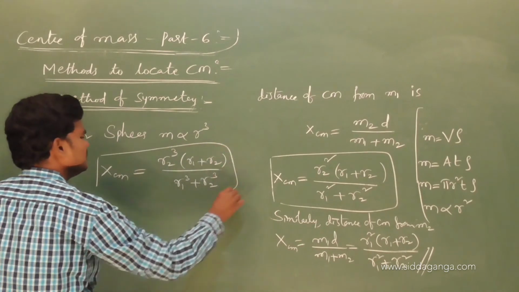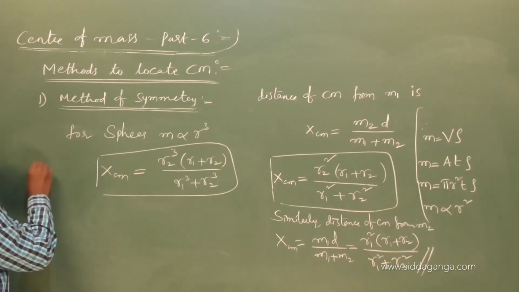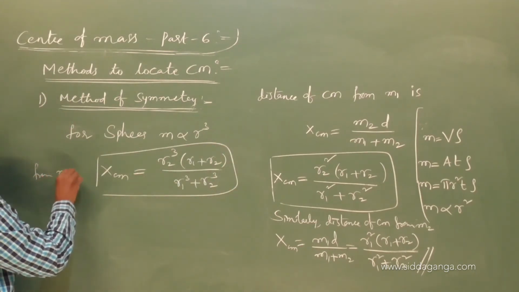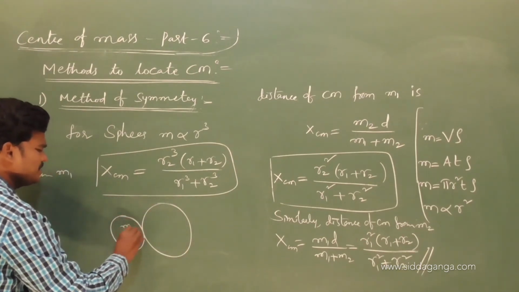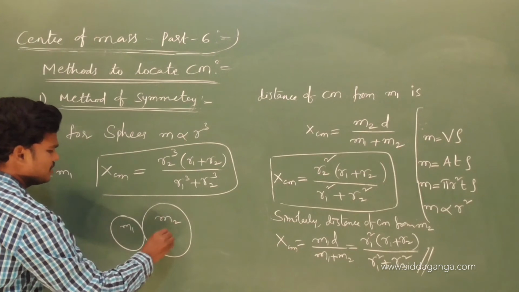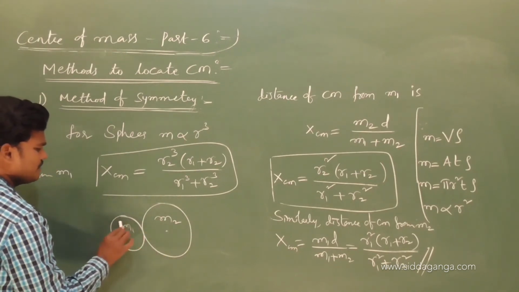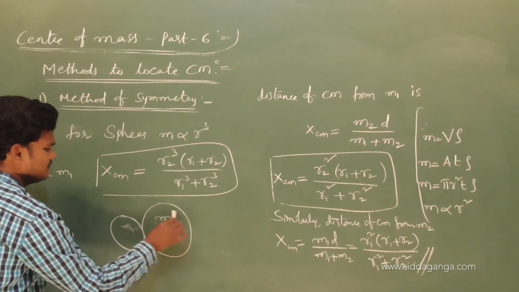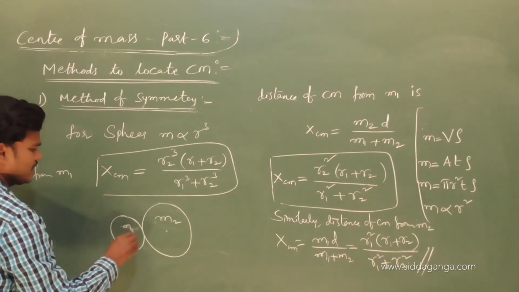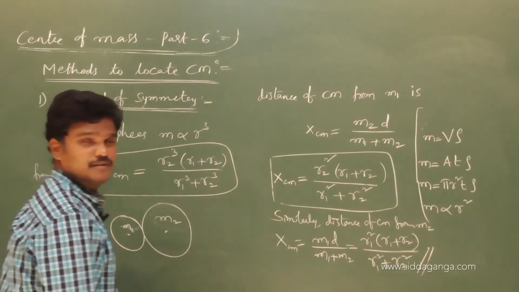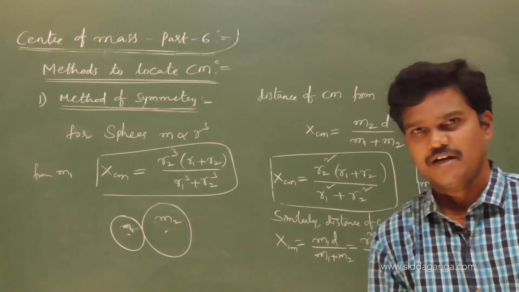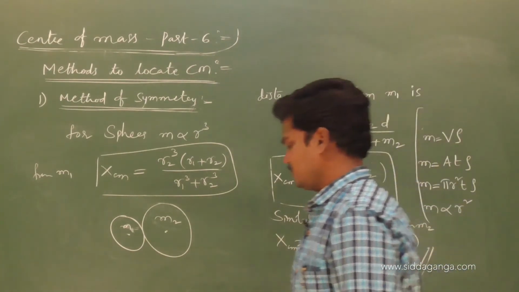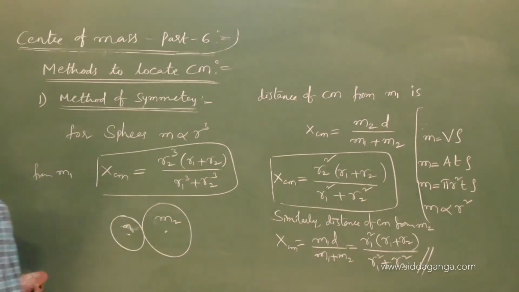This is the distance of the center of mass from the M1 sphere. This is one sphere and this is another sphere, M1 sphere and M2 sphere. The diagrams are the same, this kind of sphere diagram is almost the same on both. So for spheres, you write the cube of the radius. Now let me continue with one more.